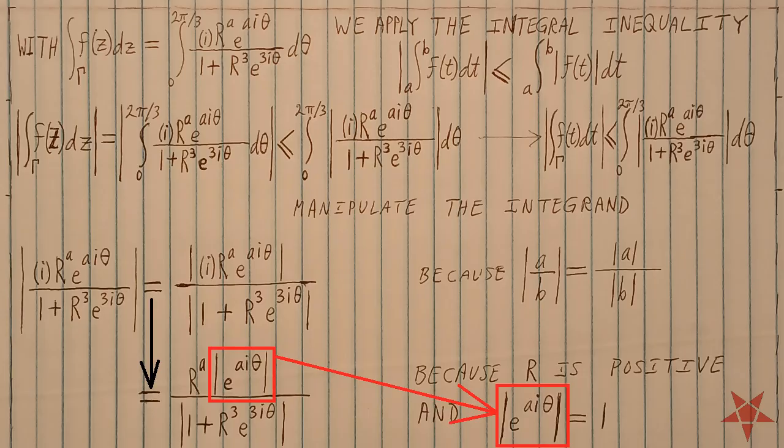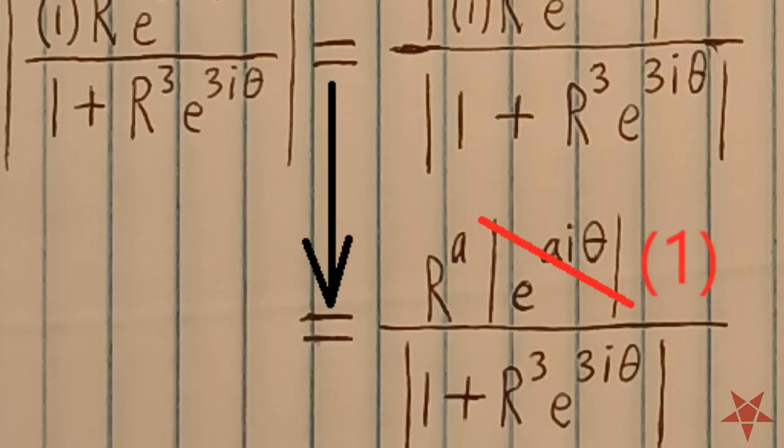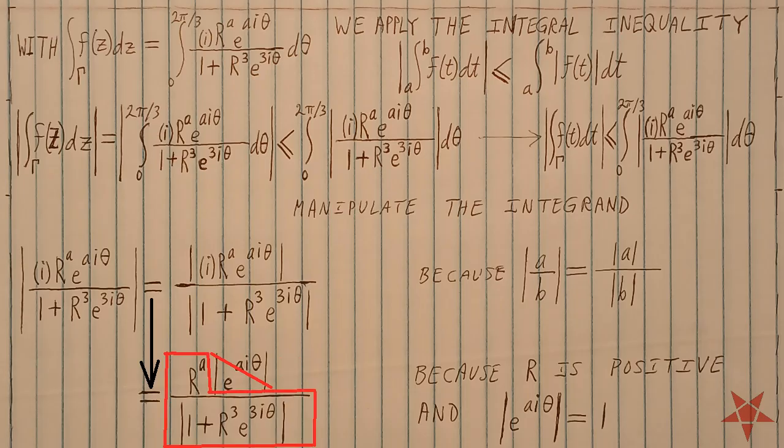The variables a and theta are real in the context of this problem, making the remaining absolute value of e to the a i theta equal to 1 for our purposes. This allows us to cross out the remaining absolute value in the numerator, leaving us with capital R to the a divided by the absolute value in the denominator.